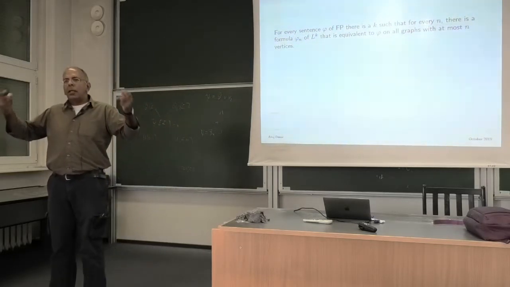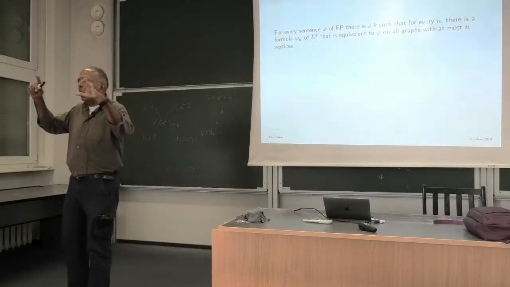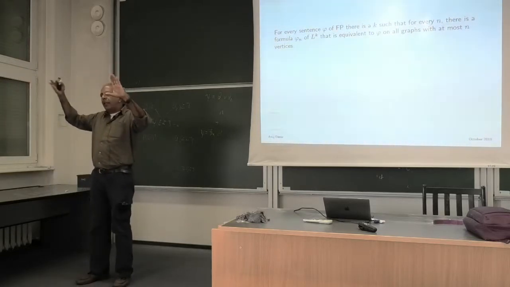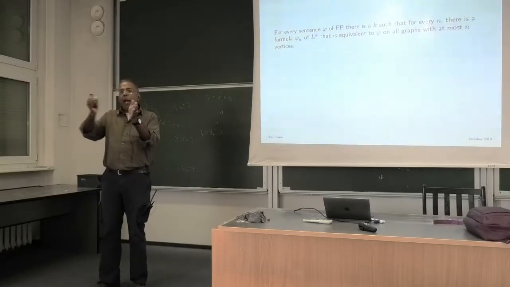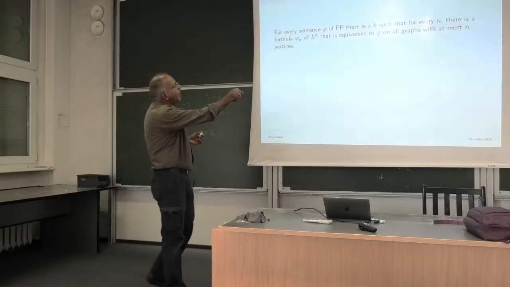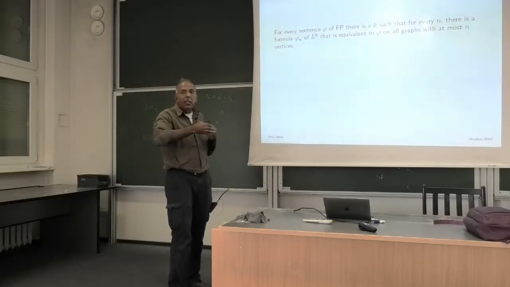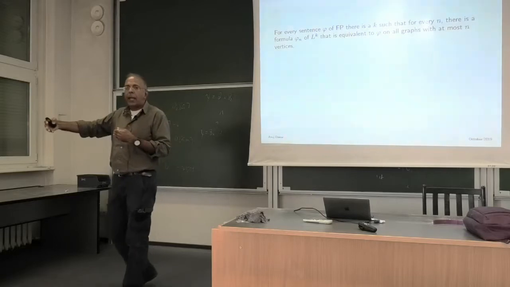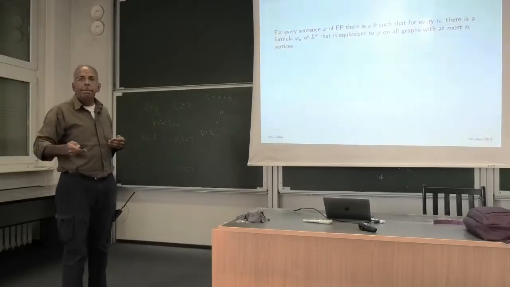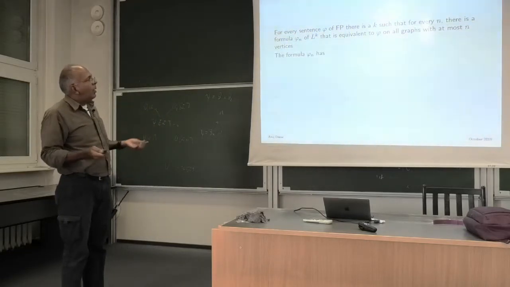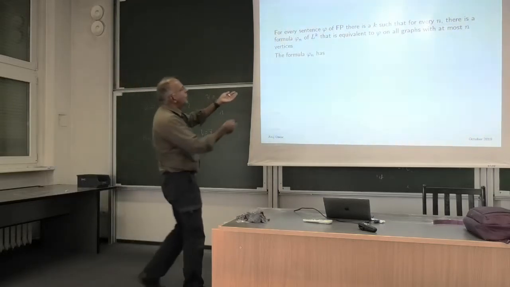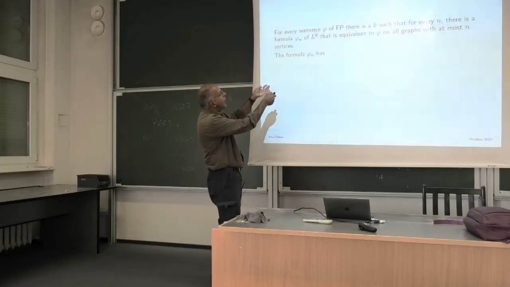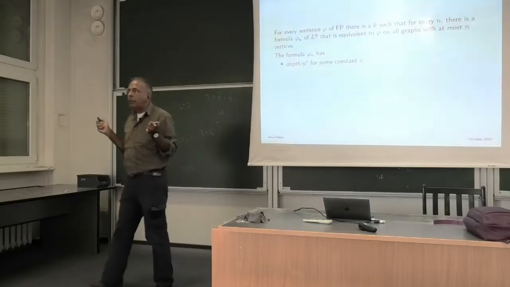This is what I showed you last time, that you can iterate the fixed point at most n to the k times, and you get a formula where the number of variables is still bounded by a constant k, it's just the quantifier depth grows to something like n to the k. So we translate the fixed point formula into a formula of first order logic using at most k variables for constant k. It's just the depth of the formula is given by some polynomial.